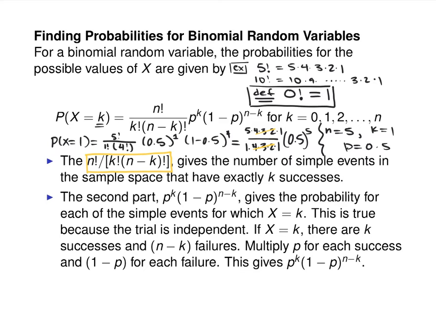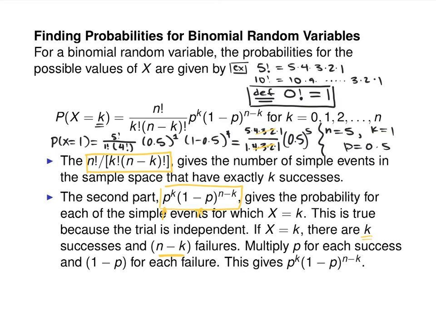You can imagine if you had 2 boys, there might be more outcomes, and finding all of those and listing them might be kind of complicated. This second part gives the probability for each of the simple events in which x equals k. So if x equals k, there are k successes. That's why this is p to the k power. And there are n minus k failures.